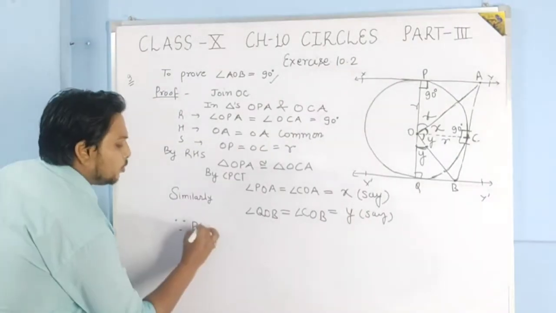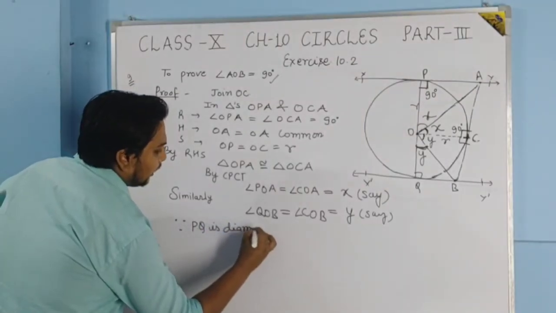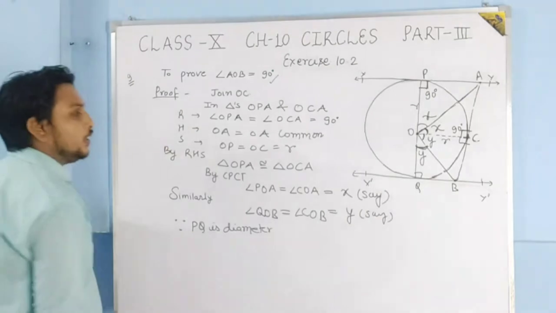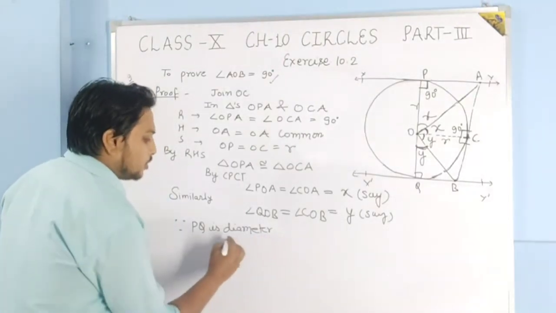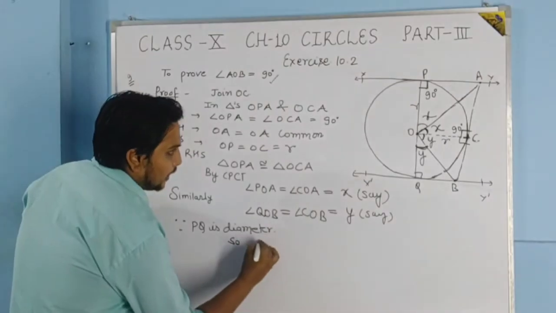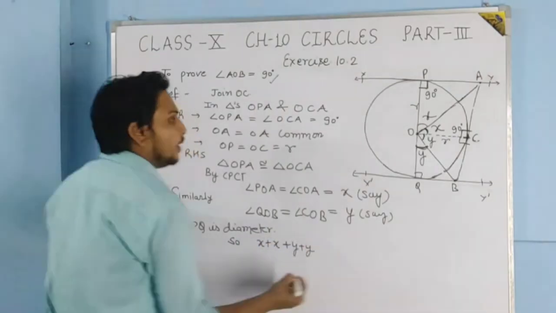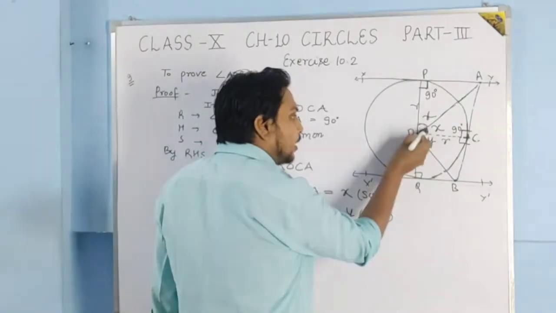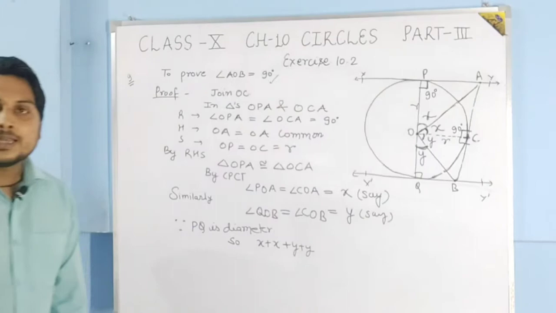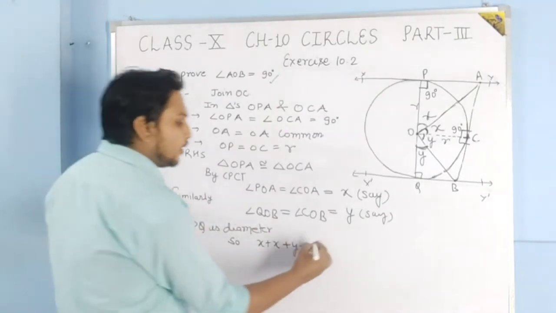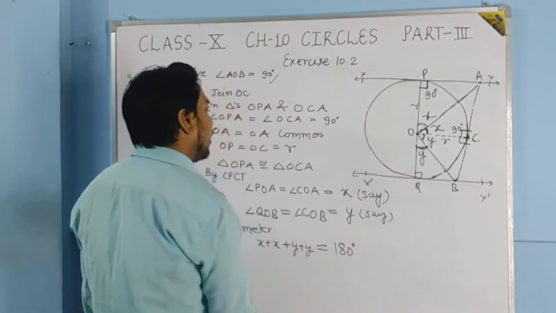Now, since PQ is diameter, you can see in the figure that PQ is a diameter. So x plus x, y plus y. I am adding all these angles, x plus x, y plus y. By adding these angles, what will we get? We will get 180 degree. Why?